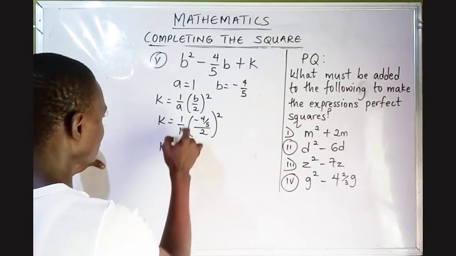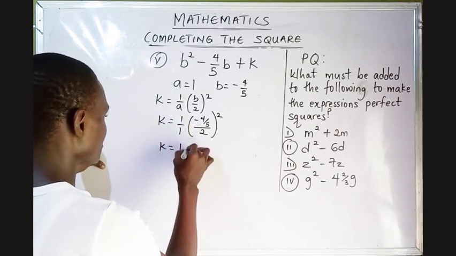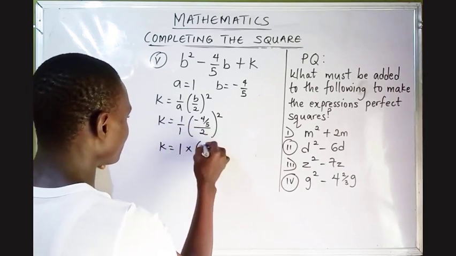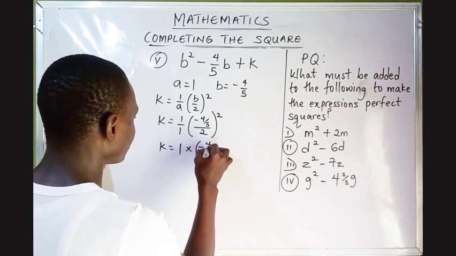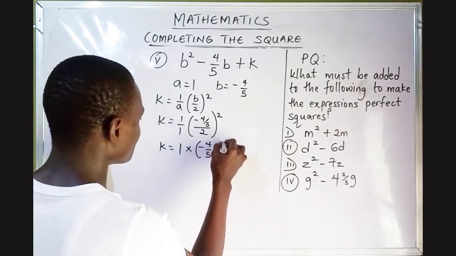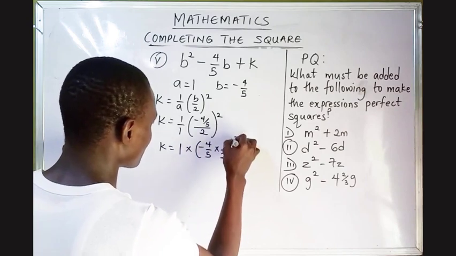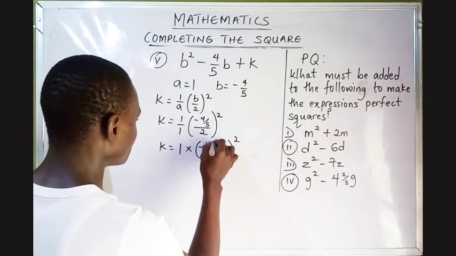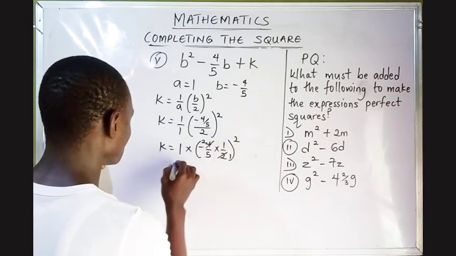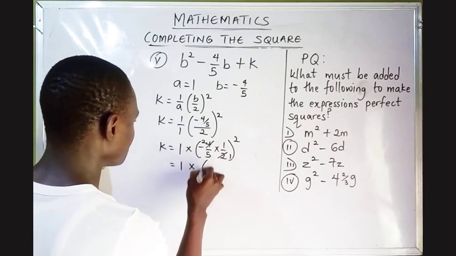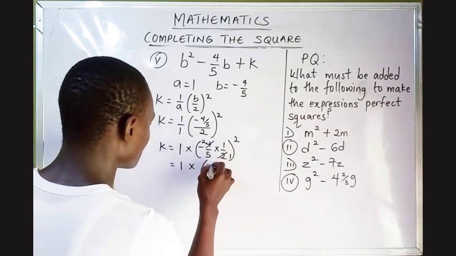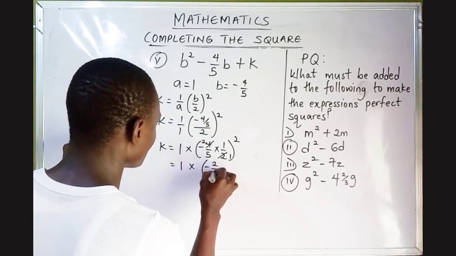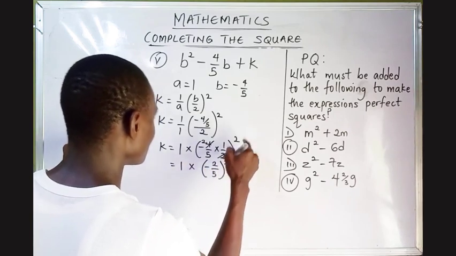Then we have k is equal to 1 divided by 1 is 1 multiplied by what you have in the bracket, which can be written as negative 4 over 5 multiplied by 1 over 2. 2 here is 1, 2 here is 2. Then we have 1 multiplied by minus 2 times 1, that gives us minus 2 over 5. Now to the power of 2.